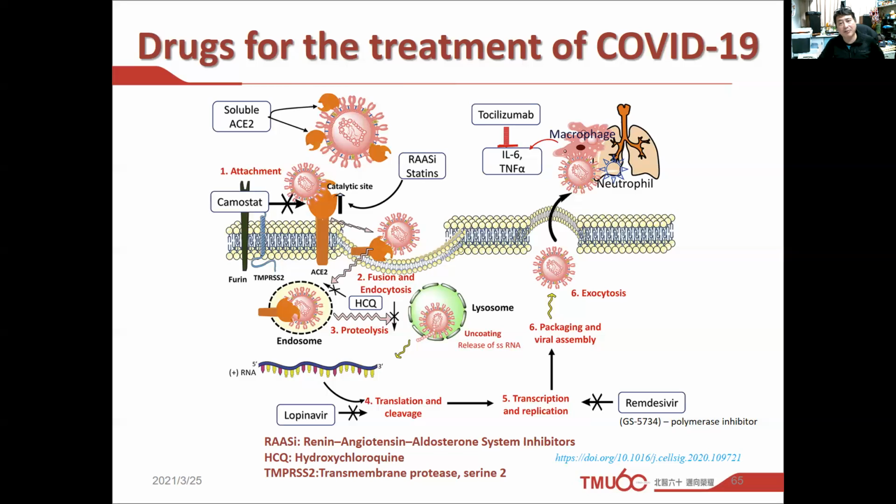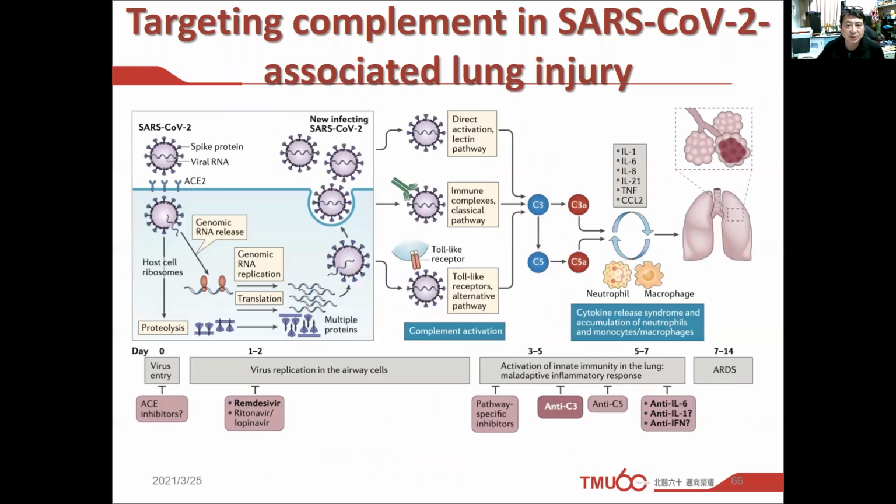Tocilizumab is an antibody against IL-6. It blocks the IL-6 receptor, so it blocks their signaling and reduces the cytokine storm. Okay, that's a strategy for treatment of patients with COVID-19 in the ICU.